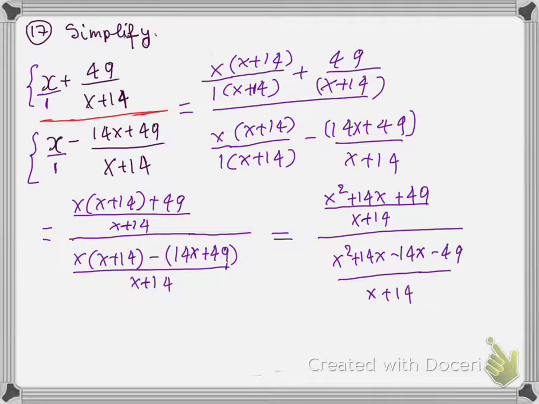Okay, so now we have a fraction over a fraction. Let's convert this into a multiplication while we combine like terms as well.